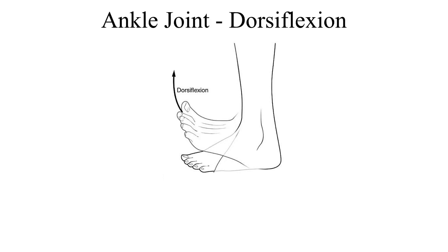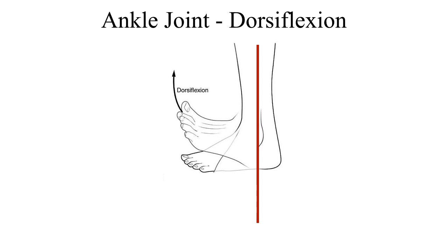Coming to the movements which occur in the ankle joint, this is the lateral view of a foot and the leg. The movement of the foot which is superior is called dorsiflexion, and this dorsiflexion movement occurs in the ankle joint or tibiotalar joint.